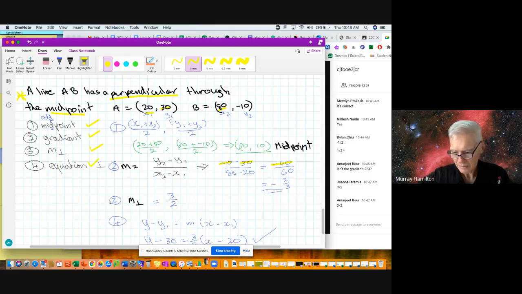You should be able to go ahead and do the questions altogether, using 2 points, gradient, and the equation of straight line. I gave you up to page 14 to do, didn't I?